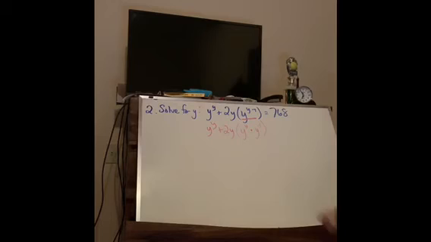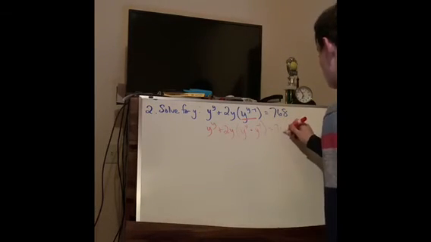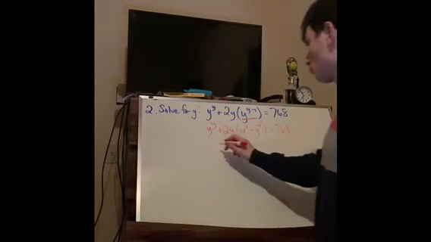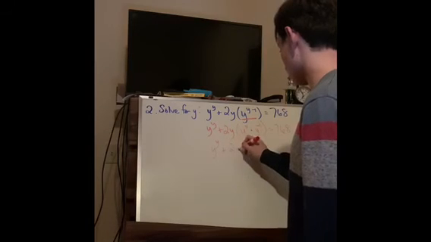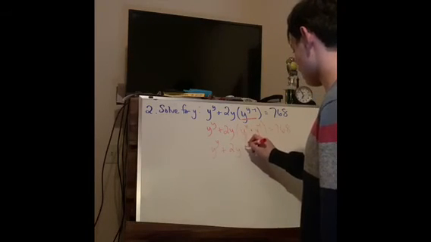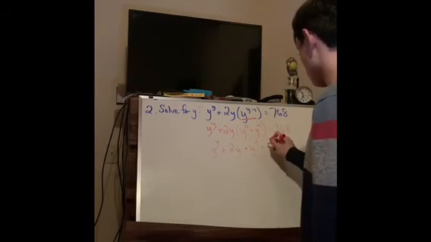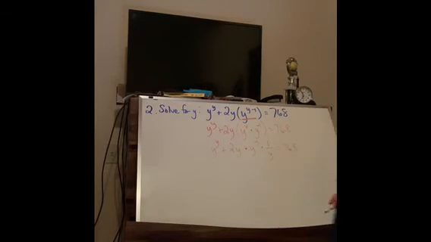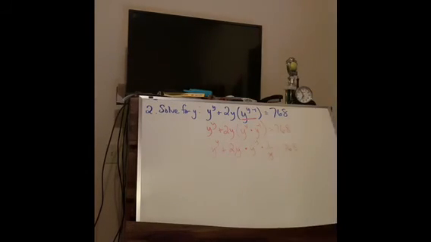If I wanted to combine with the same base, is equal to 768. So this becomes y to the y plus 2y times y to the y times 1 over y is equal to 768. And this simplifies. We can cancel out a y here, a y there.